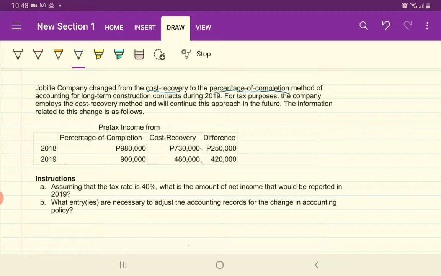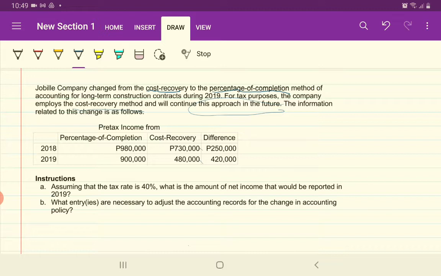And then, for tax purposes, ang ginagamit ni Jubel is cost recovery method. This approach, gamiton hangtod pa sa future for tax purposes lang. So, maski pa mag-change siya to percentage of completion, magpabiling gyapon ang iyahang cost recovery for tax purposes.